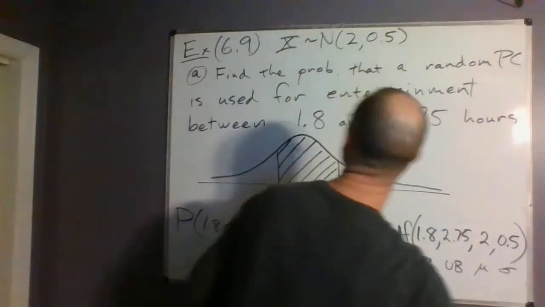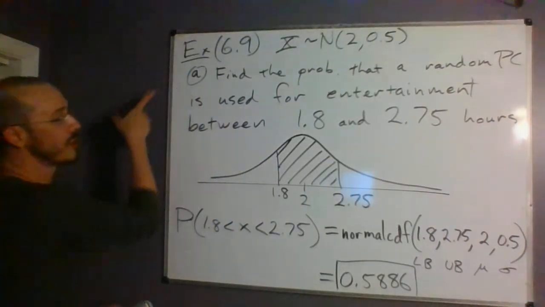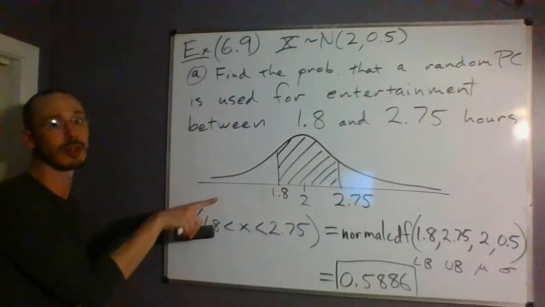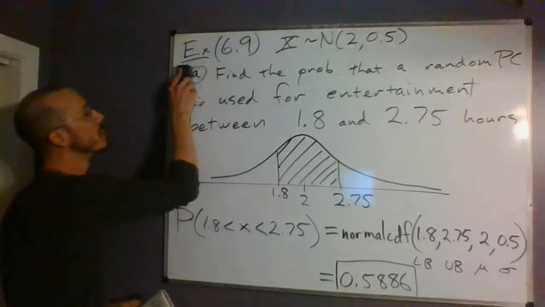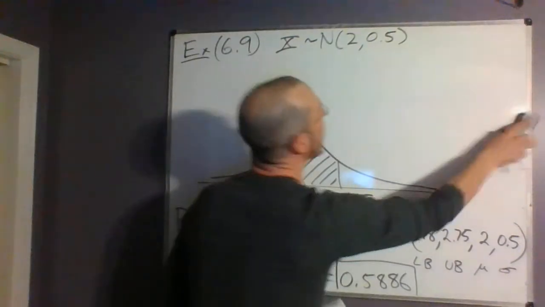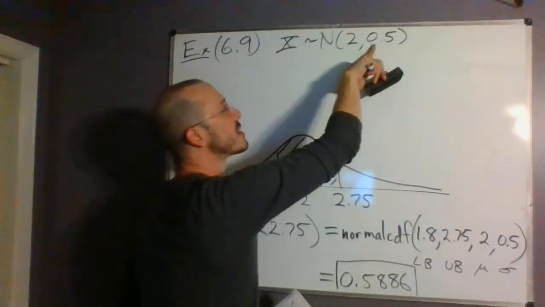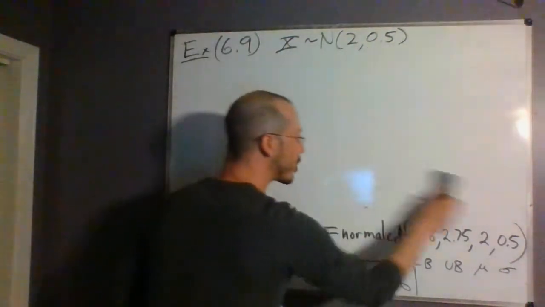And I've got another example that comes off of this. Really, I'm going to draw a new picture. But the only thing I need to bring with me is that we know it's normal, and the mean and standard deviation are the 2 parameters that I need.